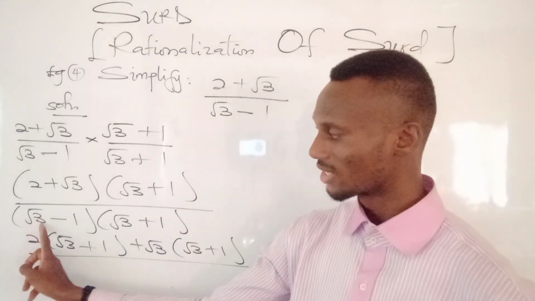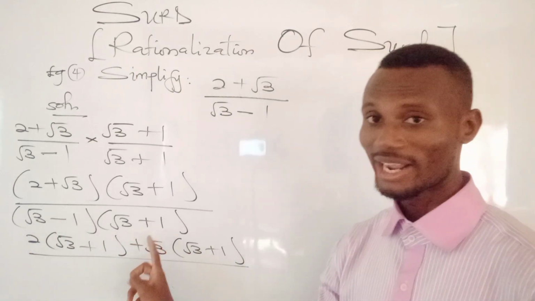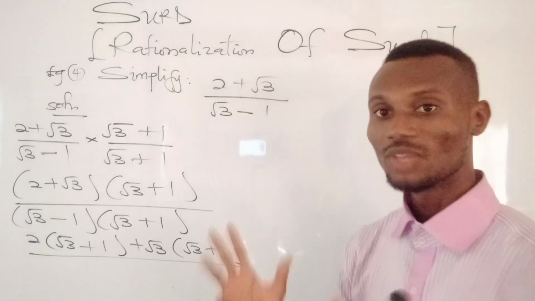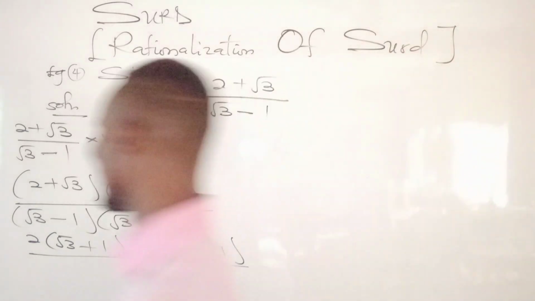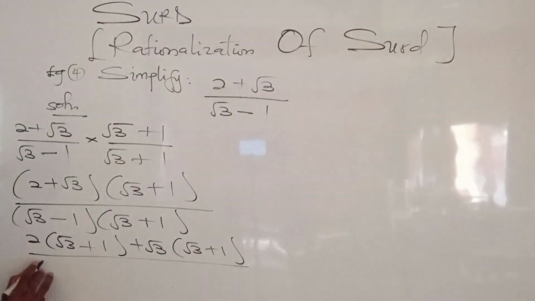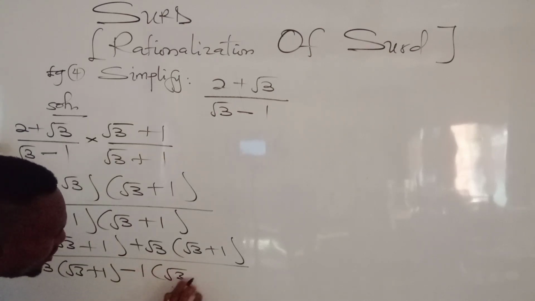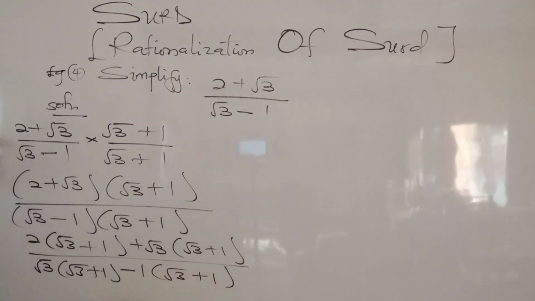So the root 3 will multiply the last bracket, which is root 3 plus 1. Then the negative 1 will also multiply the last bracket, which is root 3 plus 1. That is how to go about it.